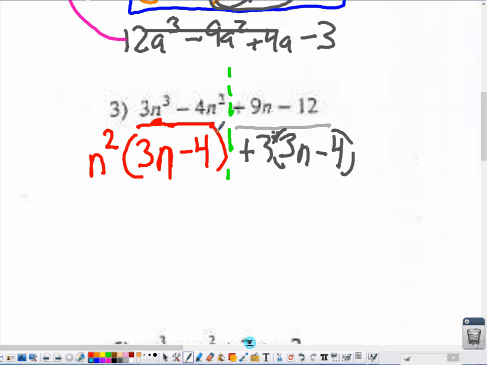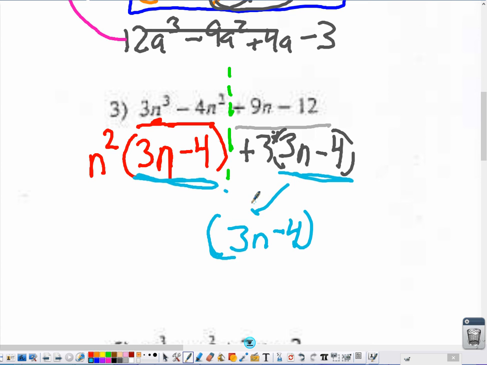And again, for the confusing part, we're going to take the two 3n minus 4's, and they combine together into one 3n minus 4. Now, for the other part, we have the leftovers.